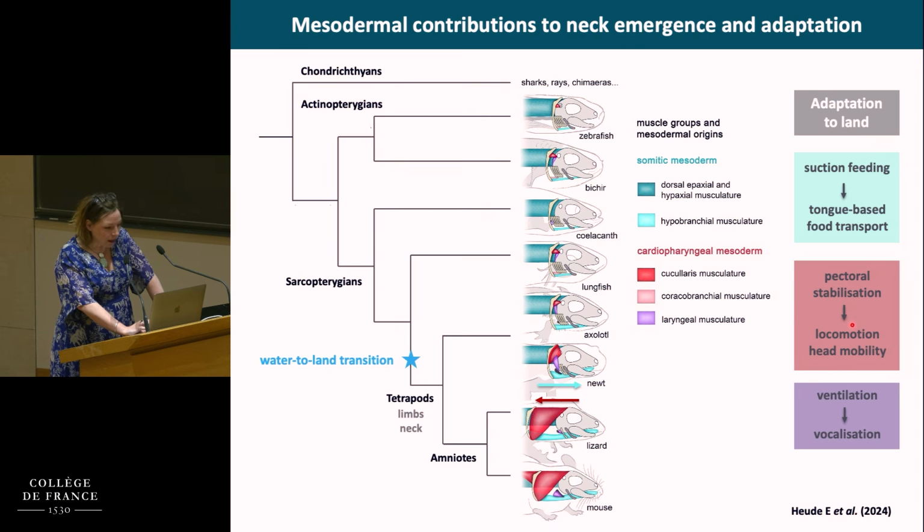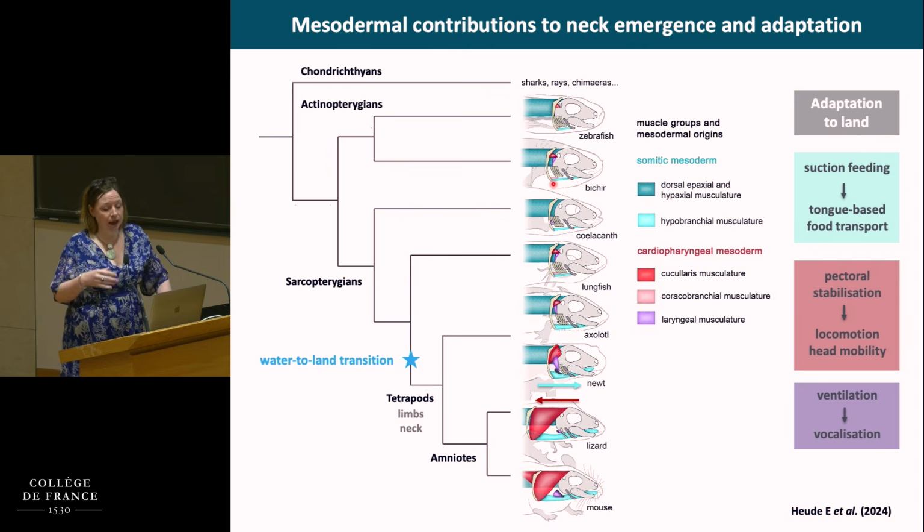And finally, the laryngeal musculature that is pretty tiny here in violet was already present in fish, actually, with apparently an ancestral role in helping respiration. And then the laryngeal musculature has been co-opted and involved in vocalization processes on land.